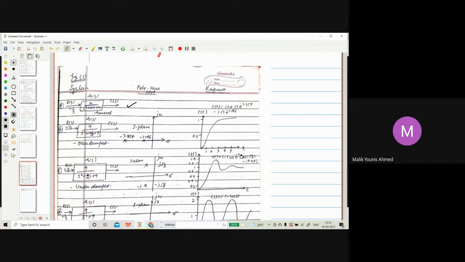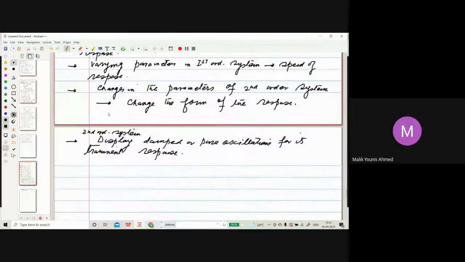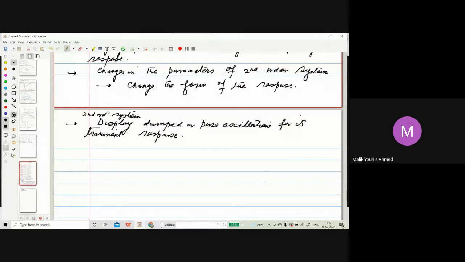We call it a general case, which has two finite poles. It's a second order system, s squared plus a s plus b, with two finite poles and no zeros. Let me write this in general form.